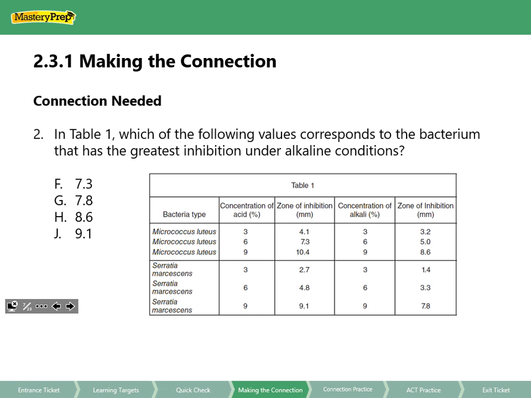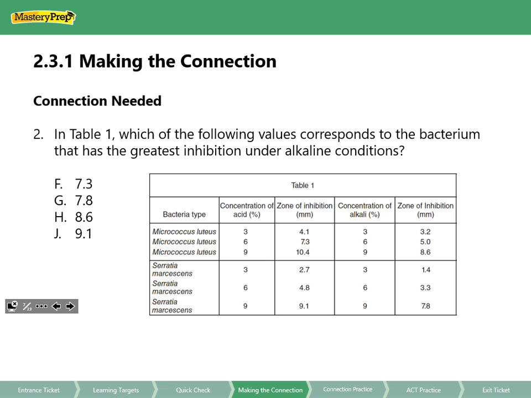The passage says bacteria inhibition by acidic or alkaline environments can affect the efficacy of antimicrobial treatments. 2 types of bacteria were measured for levels of inhibition when acid and alkaline content varied. The stronger the alkaline or acid, the greater the inhibition of bacteria growth. Well, wait a minute. So the greater the alkaline or acid, the greater inhibition on bacteria growth.